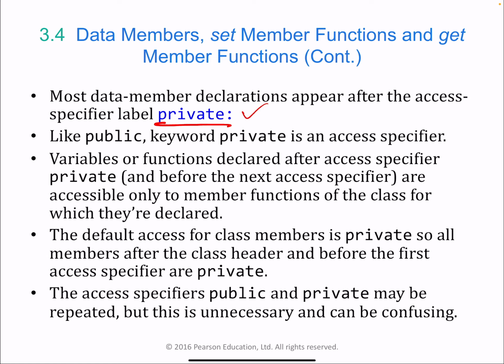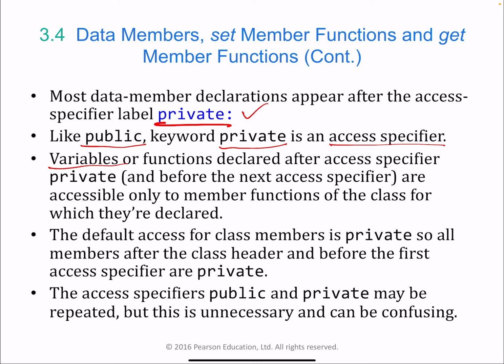This is also called an access specifier. However, we began our class with the access specifier public, because the default would have been private. So we began with public and made those functions public so we can call them from outside, on an object of class gradebook.